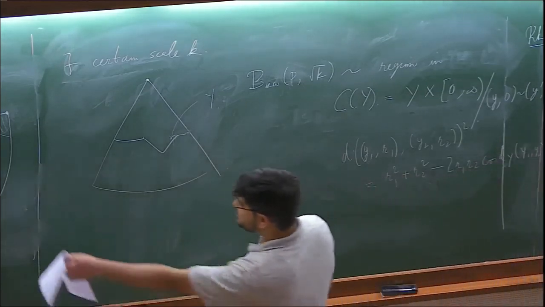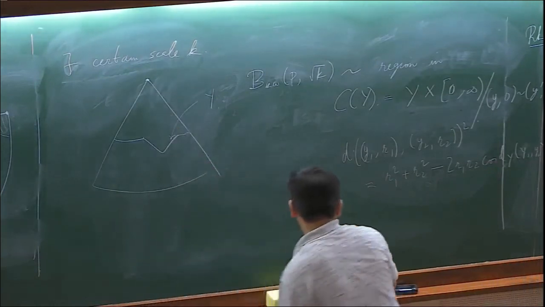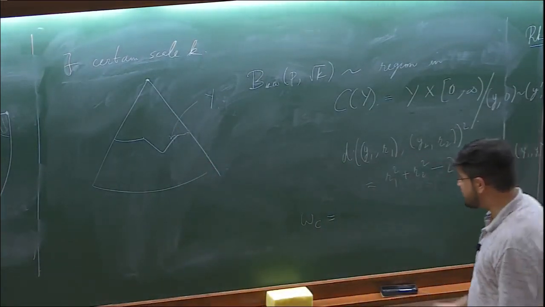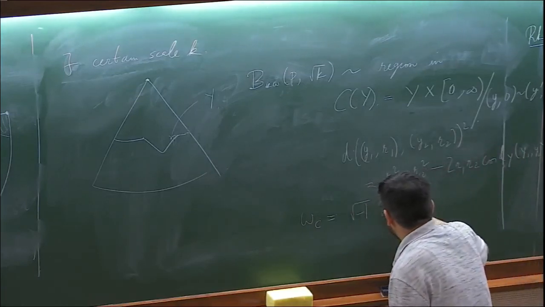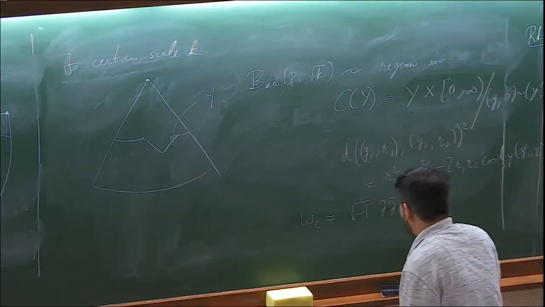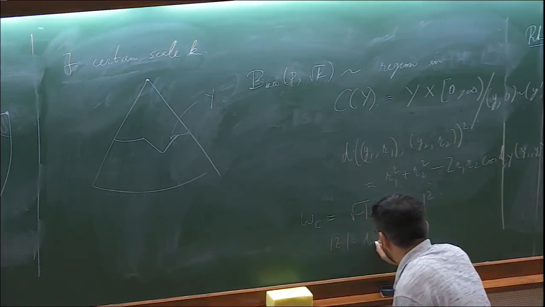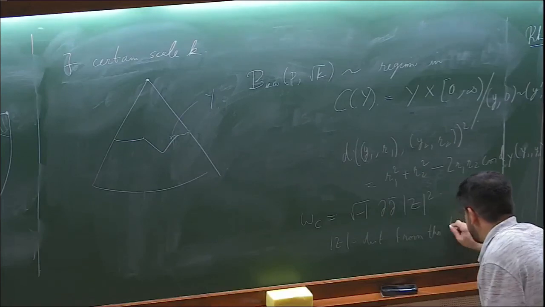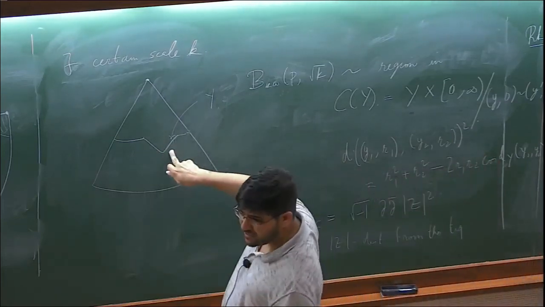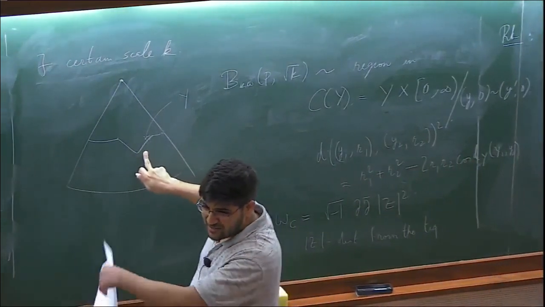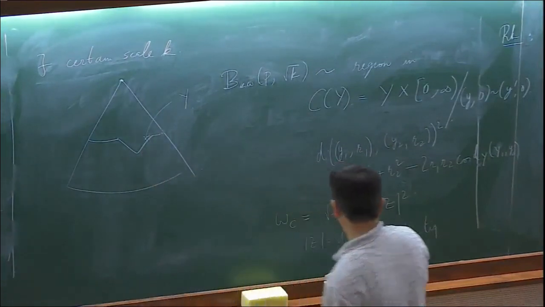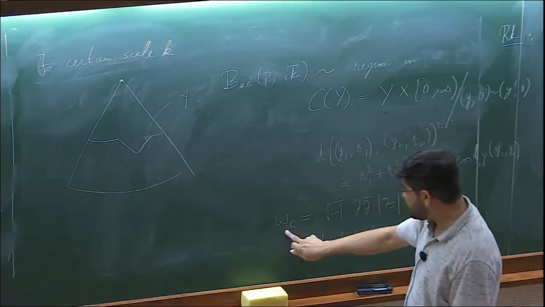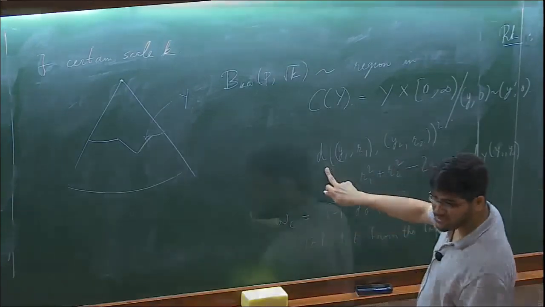And what is more, in this situation, there will actually be a form, omega c, which is minus dd bar of mod z squared, where mod z is the distance from the tip, such that on the regular part of this cone, the metric induced by the scalar form is the same as this metric.